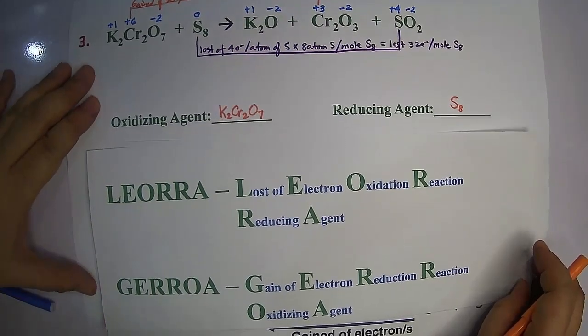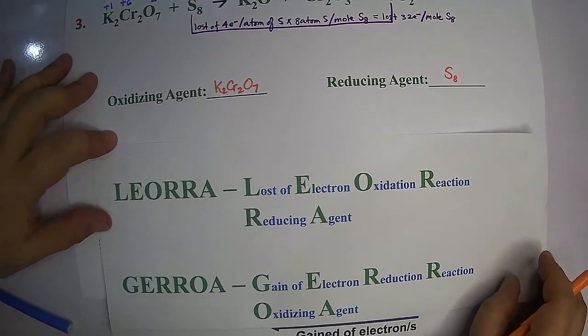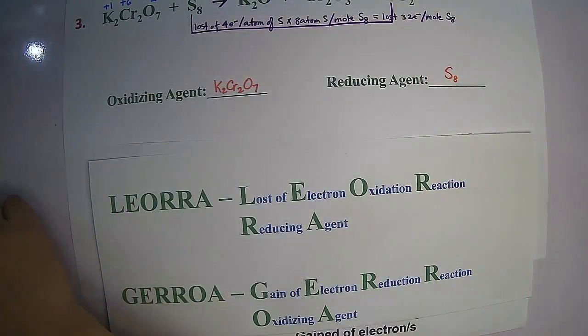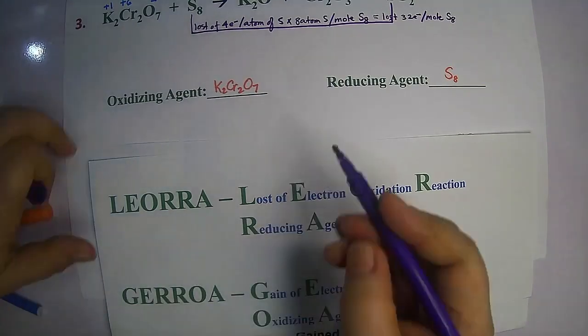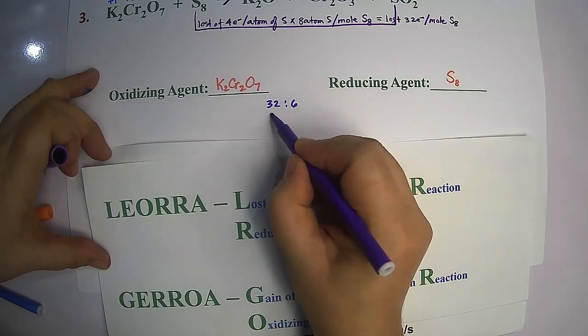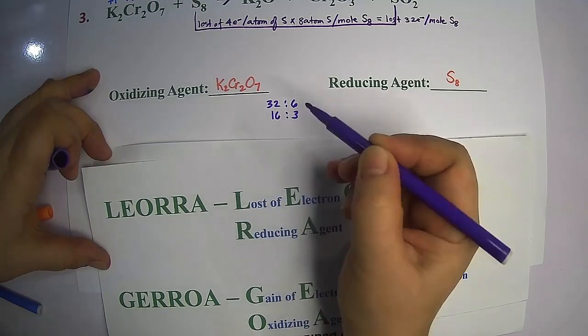Okay, moving on. The next step is we cross multiply. You will observe that you have 32 is to 6 that you have to cross multiply. We have 32 is to 6 that can be reduced to 16 to 3.